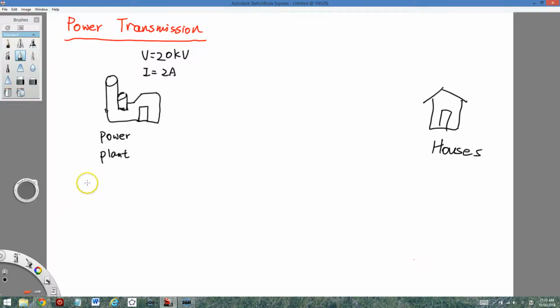This is an equation I want you to remember. The power lost equals I squared R. We treat the wire as a resistor, and the power used by that resistor is the power that's lost when it's transmitting.